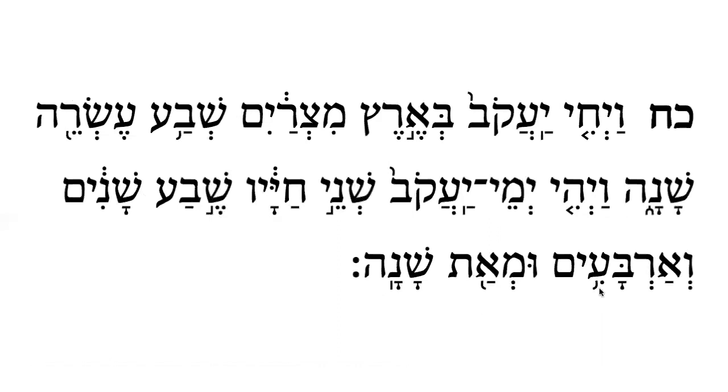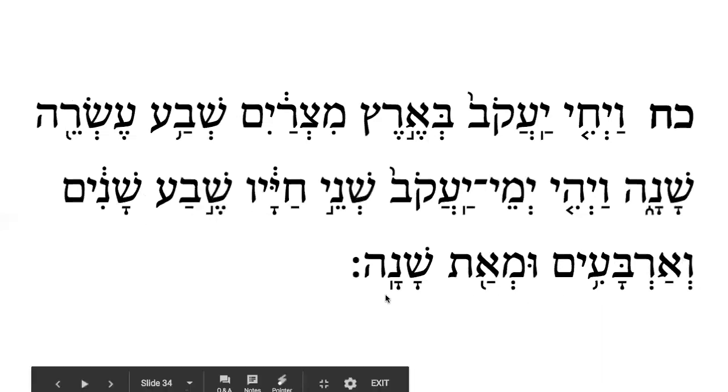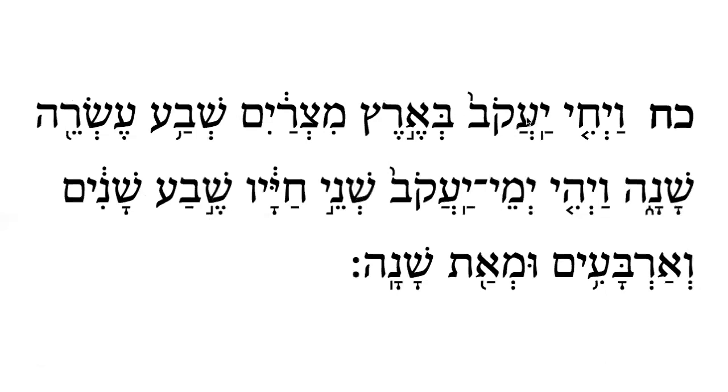Okay, so let's do the whole verse together now. This is Vayechi Yaakov be'eretz Mitzrayim 17 shana Vayehi yemei Yaakov shnei chayav 7 shanim ve'arba'im u'me'at shana. So let's see where it's separated again. So, and Jacob lived in the land of Egypt. That's one thought or a phrase.